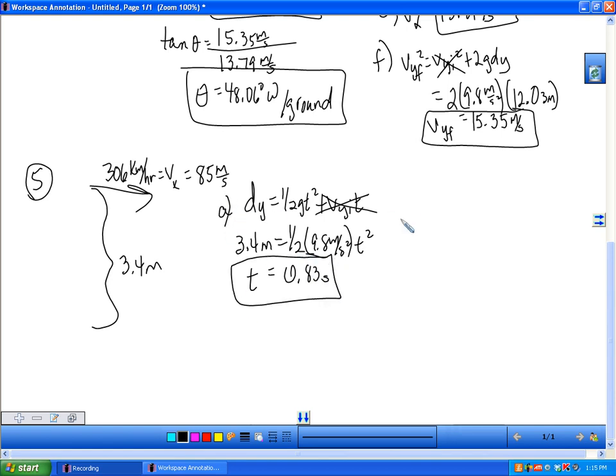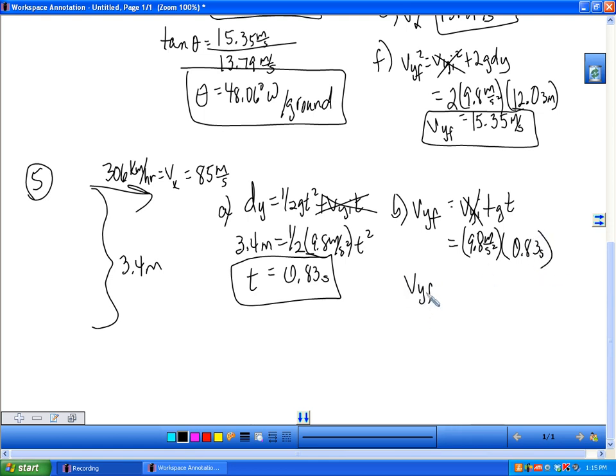That was A. And then B says, what is the final vertical velocity? So Vyf equals Vyi plus gt. There is no Vyi. Gravity is 9.8 meters per second squared, and t is 0.83 seconds.